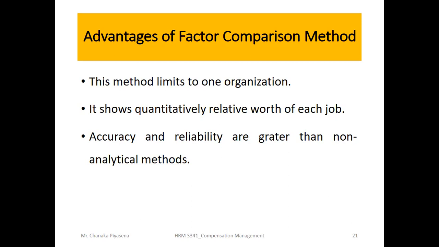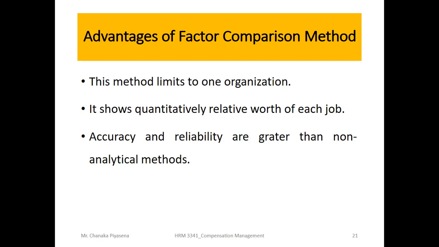It gives the quantitatively relative worth of the job. The other thing is that the number represents the relative value of the jobs. That's why we call it quantitative. If we use ranking techniques or non-quantitative or qualitative methods, we need another process to assign financial values, but here there are quantitative values.